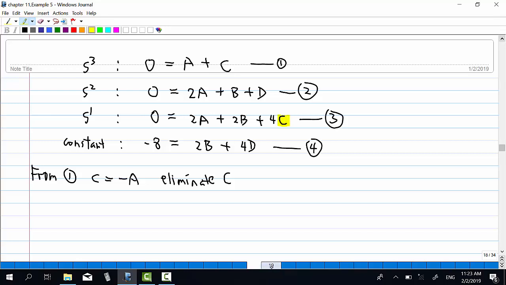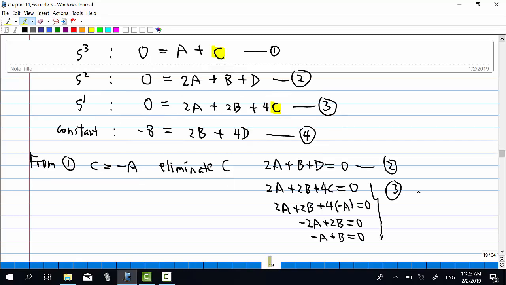So let's look at the elimination process. Second equation, no change because there is no c. But third equation, 2a plus 2b plus 4c equal to 0, where c is replaced by minus a now. That will give me eventually 2a minus 4a equal minus 2a plus 2b equals 0, and so minus a plus b equals 0.